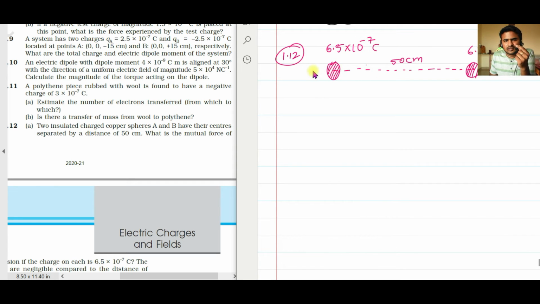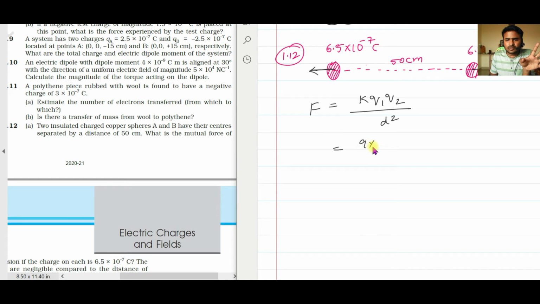Now they carry like charges, so they are going to repel each other, and how much that repulsive force is, is what we have to find out. Simple, we know the formula: k q1 q2 divided by distance square, correct? In this case, q1 and q2 are equal and the distance is 50 centimeter.